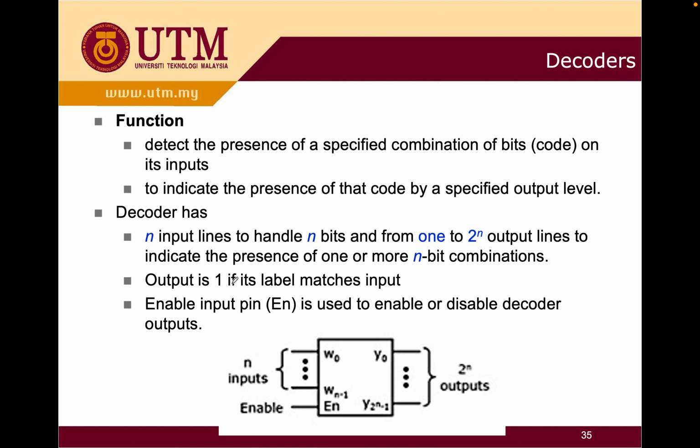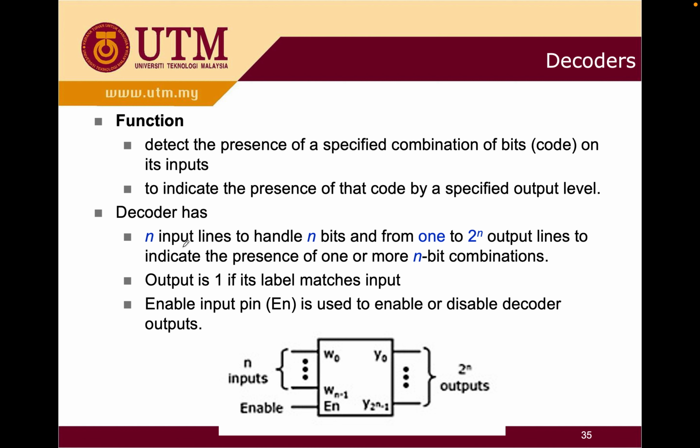Okay, functions of a decoder: to detect the presence of a specific combination of bits or a code on its input, and second, to indicate the presence of the code by a specific output level. So that is the basic functions of your decoder.